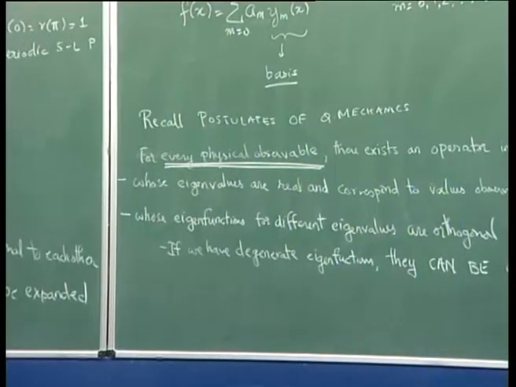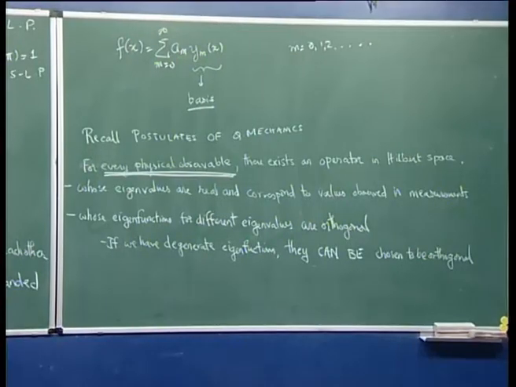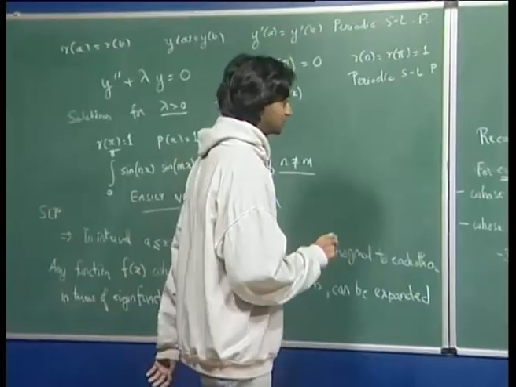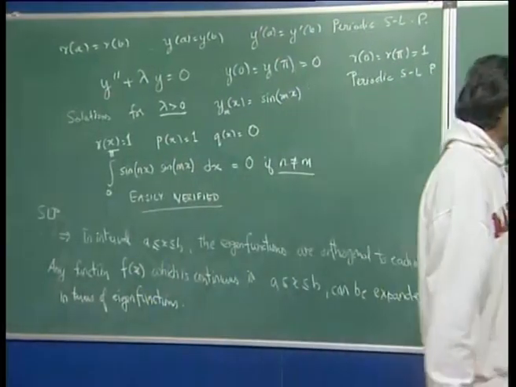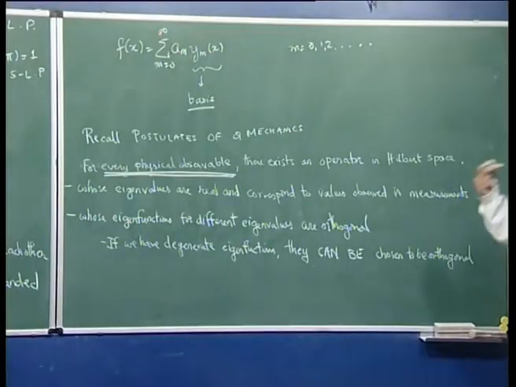This postulate of quantum mechanics was finally arrived at by Dirac, but he used some of the properties of the Sturm-Liouville problem to arrive at it. What I want you to appreciate is that the idea of orthogonal eigenfunctions is very central to all of quantum mechanics.